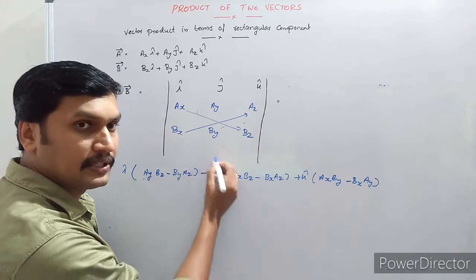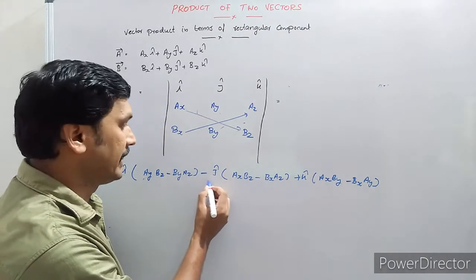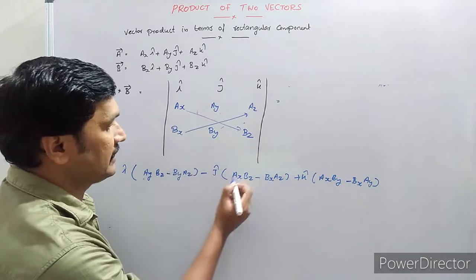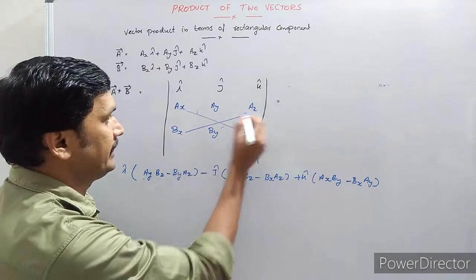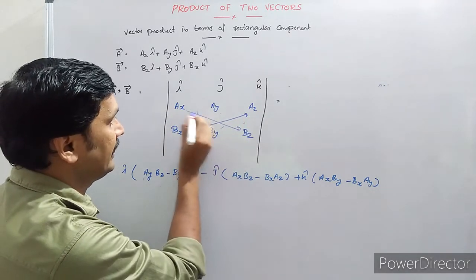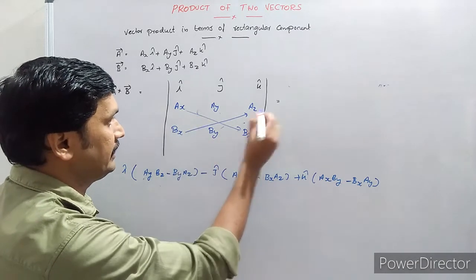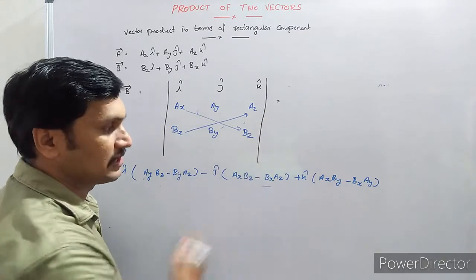The second term automatically comes negative: minus j into ax bz minus bx az.